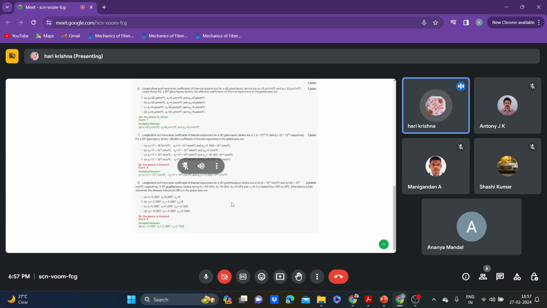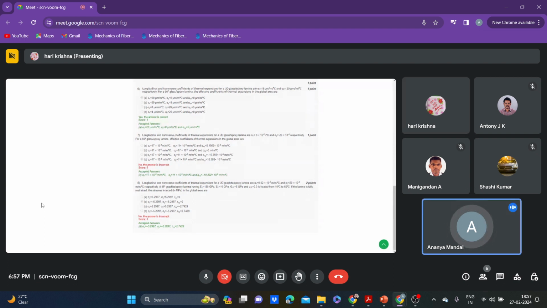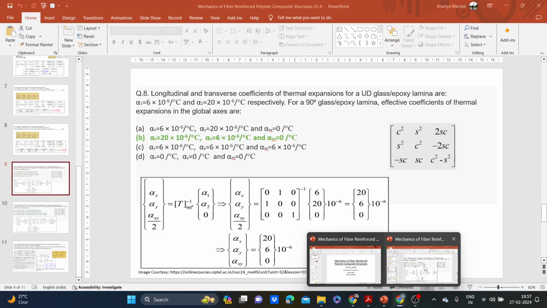This is a very minor mistake, that's why I lost the maximum points for this, ma'am. Which option did you choose? I chose option D. Okay, negative. But the correct answer was option C, ma'am.